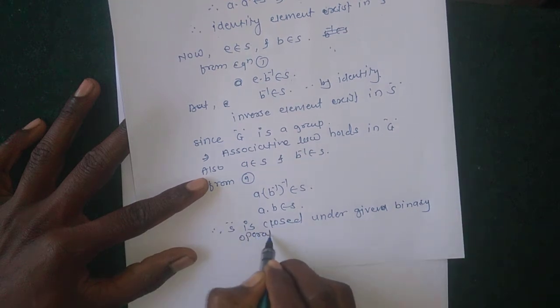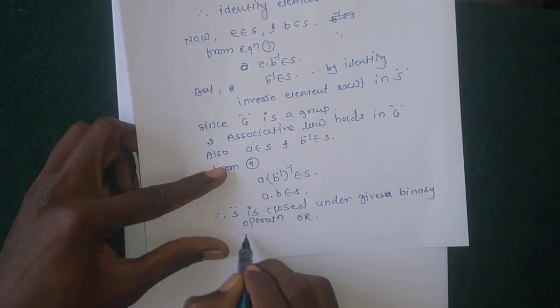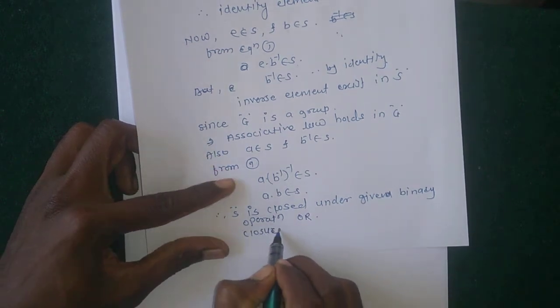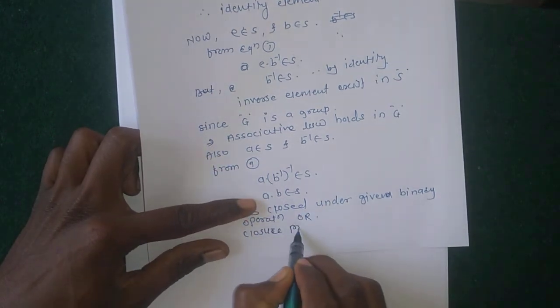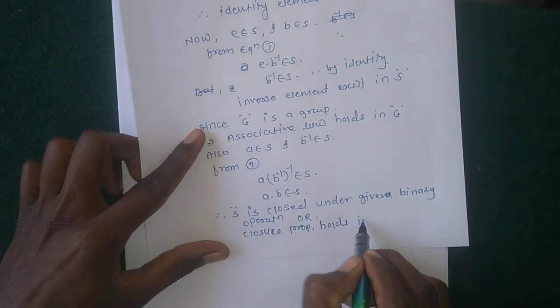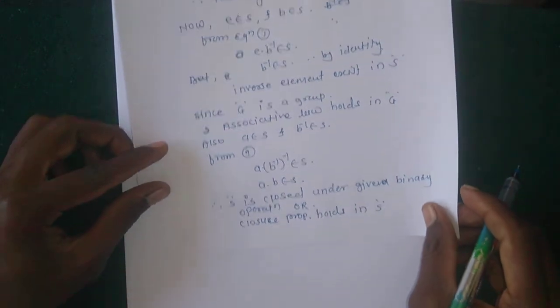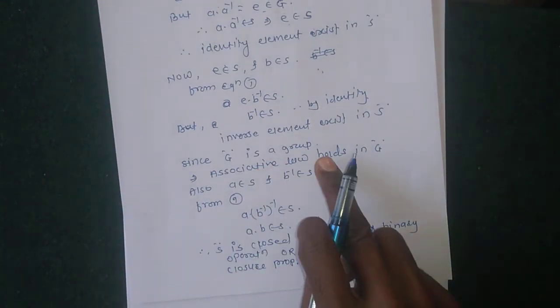This is closure property, or closure property holds in S, and therefore G is a group.